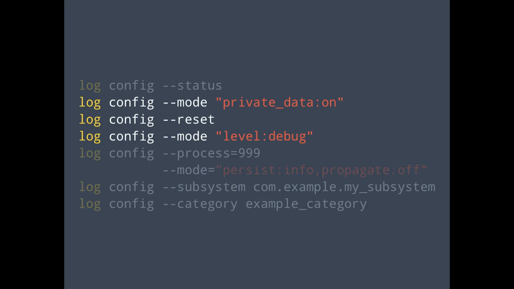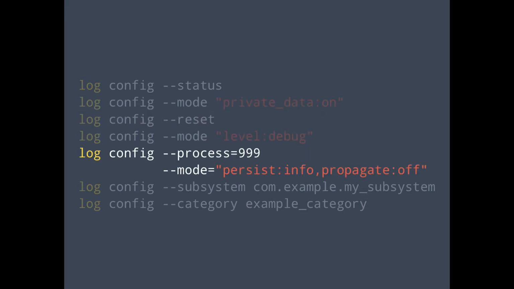And then here in the other example, we're just setting the default log level to debug system-wide. And again, those levels correspond with the log levels that we saw earlier, like info and default and debug.